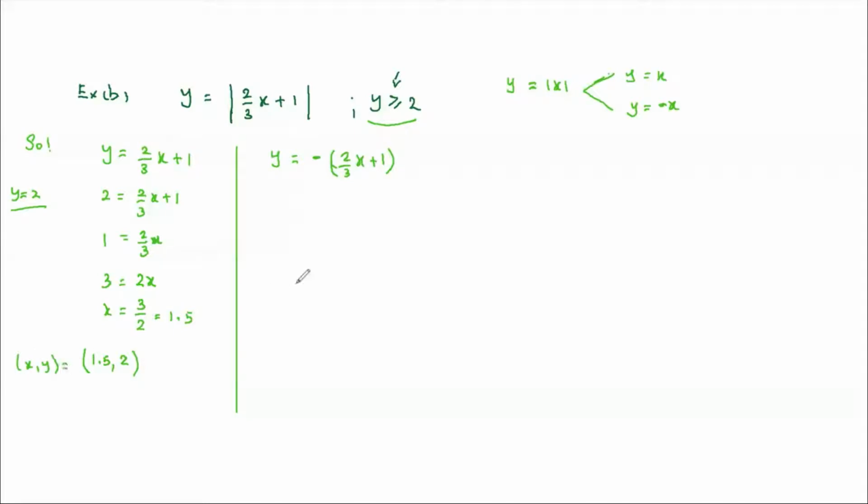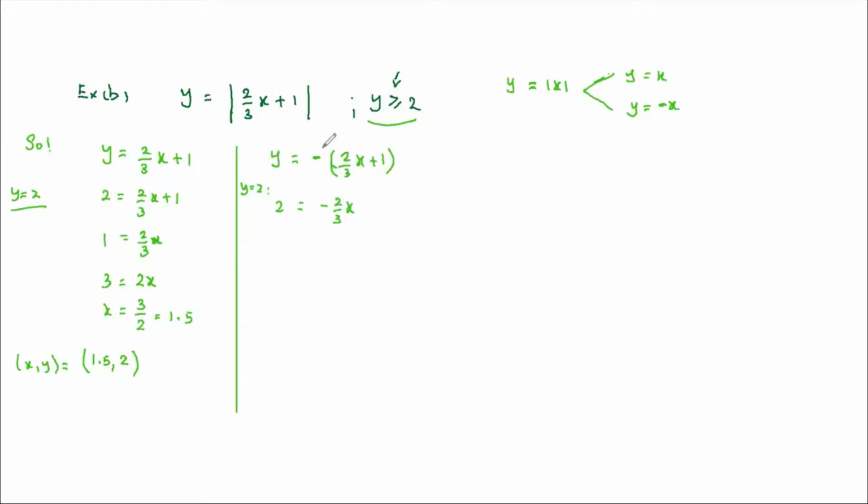Now we calculate for this side. We're going to use the same point, so y equals 2. Do the same thing: replace y equal to 2 here. Then simplify, minus becomes minus 2 over 3x. Open the bracket, and don't forget to change the sign here.